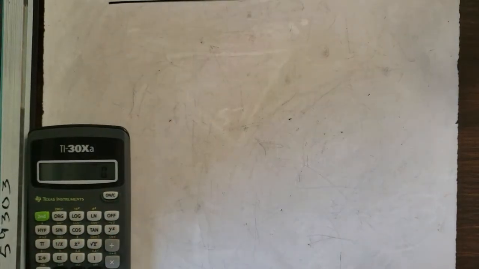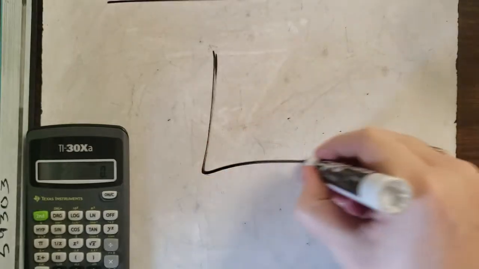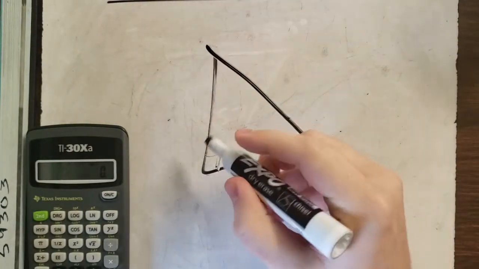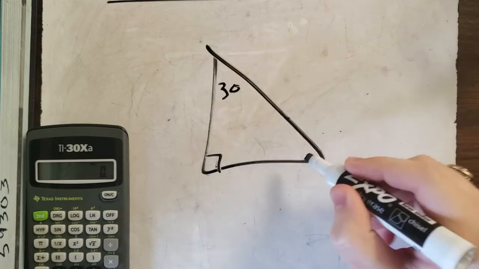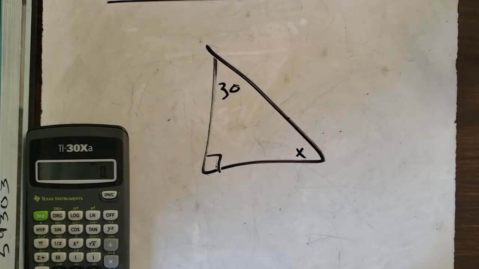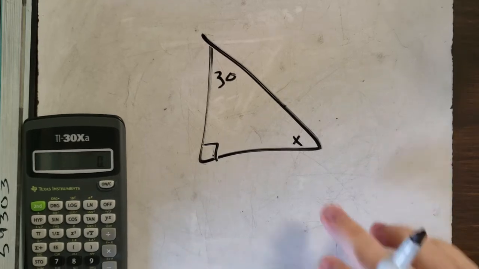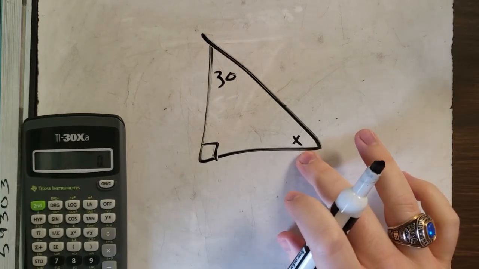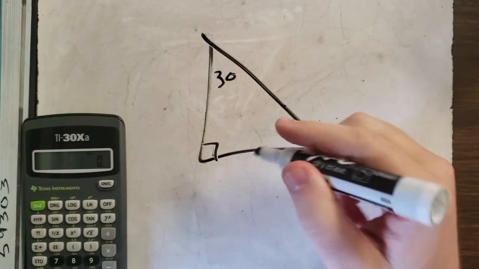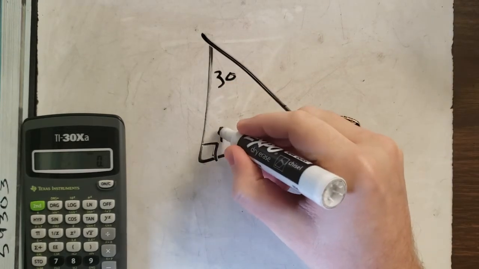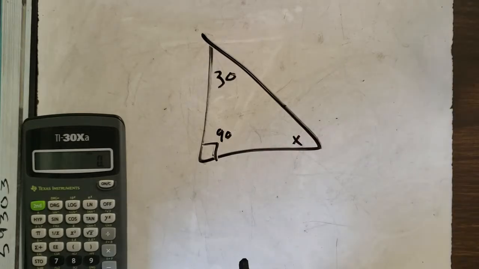Let's try something different. So what do we know here? We're missing an angle right here. We have 30. We have our little box here. What does the box equal? We know it equals 90 degrees, right? That's a right angle.